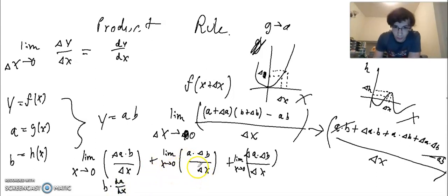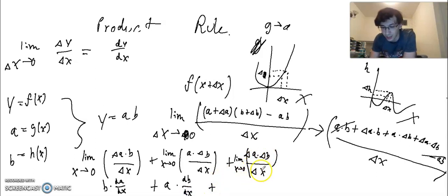And then here we have pretty much the same thing, just in reverse. We got a times dB dx. And then here, we have all of these things. Remember, as delta x approaches 0, so does delta a. As delta x approaches 0, so does delta b.